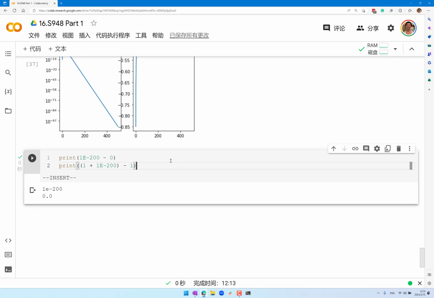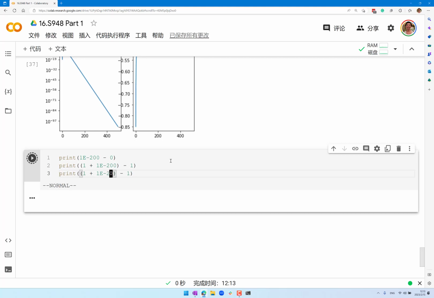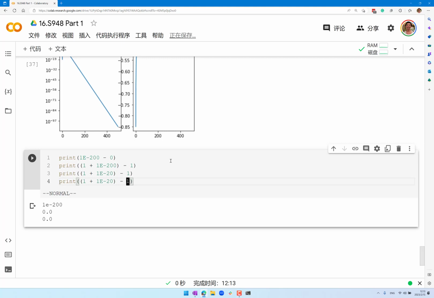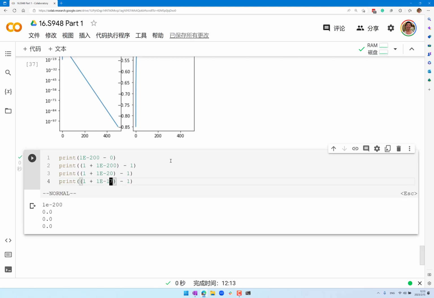I'm going to get 0, right? And in fact, even 10 to the minus 20 wouldn't work. 10 to the minus 17 also doesn't work. I think 14 has to work, right? You can see it's not accurate anymore.